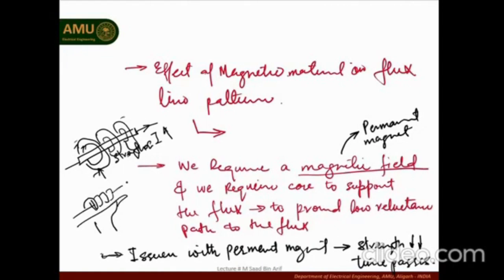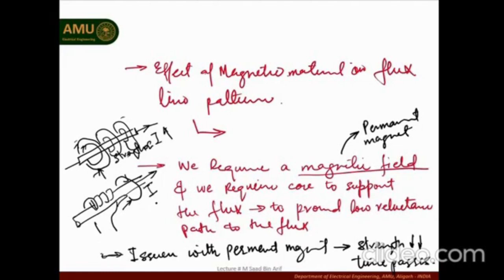And if you reverse the direction of current, then you have to point your thumb in the opposite direction. In this case, you will find that the magnetic field direction changes because your curled finger direction is now reversed.